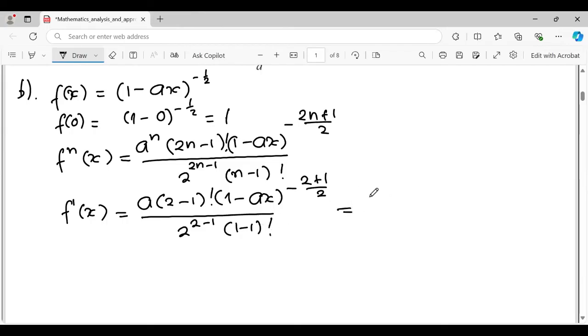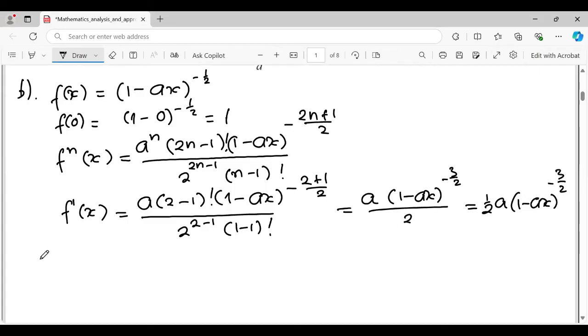It's going to be a times (1 minus ax) to the power minus 3 half over 2 times 1. It becomes half a times (1 minus ax) to the power minus 3 half.